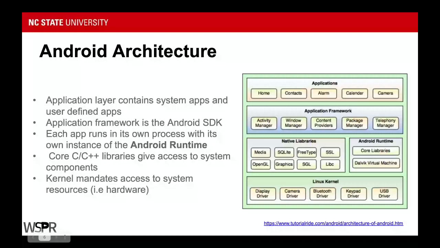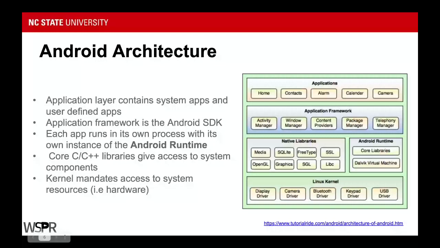Therefore, we have this multi-layered abstraction. Android has a stack-based architecture. That means all these layers are stacked on top of each other. On the bottom of the stack, we have the Linux kernel. Over that, we have native libraries and Android runtime. On top of that, we have the application framework. And on the very top, we have the application layer.